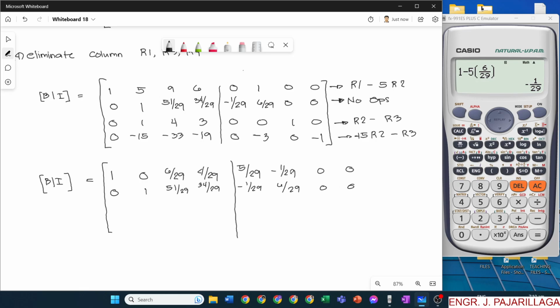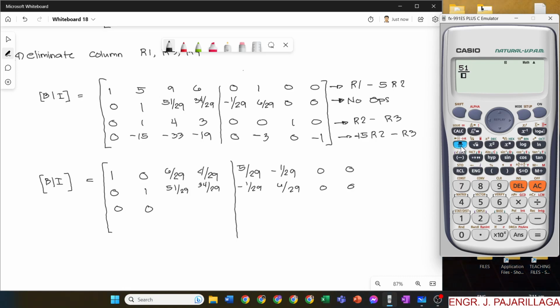Okay? So, next is we have our row 3 rather. So, row 2 ngayon, minus row 3. So, 0 minus 0 is 0. 1 minus 1 is 0. So, we have 51 over 29 minus 4. That is negative 65 over 29.